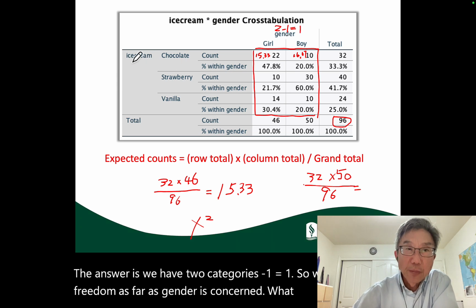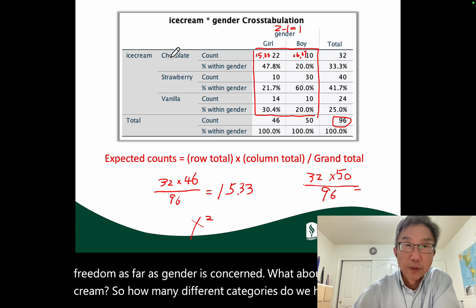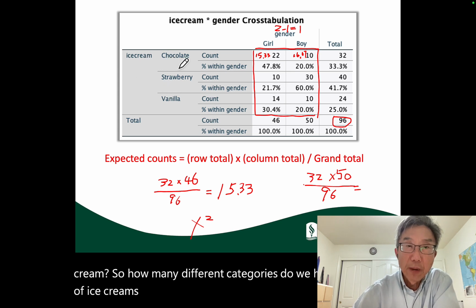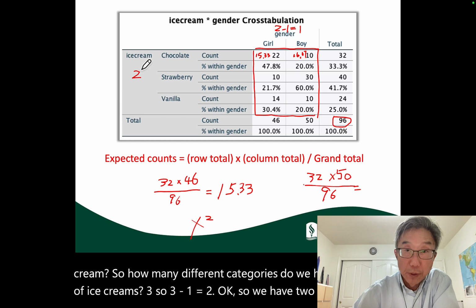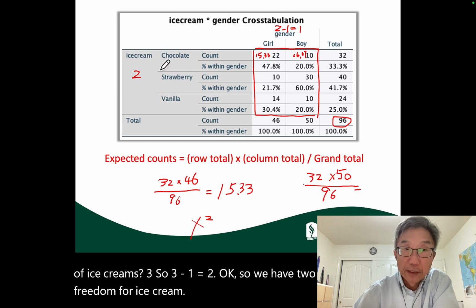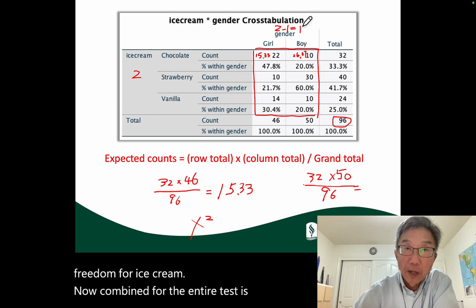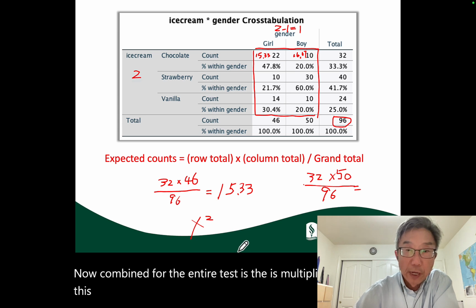What about the type of ice cream? How many different categories do we have for the type of ice creams? 3. So 3 minus 1 equals 2. Okay, so we have 2 degrees of freedom for ice cream. Now, combined for the entire test, it multiplies 1 times 2. So for this test, we have 2 degrees of freedom.